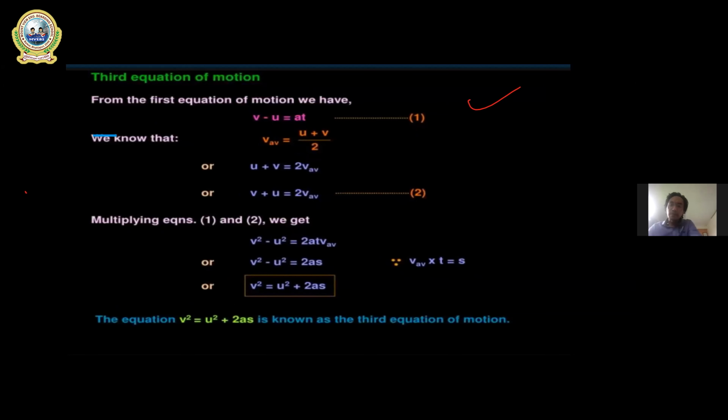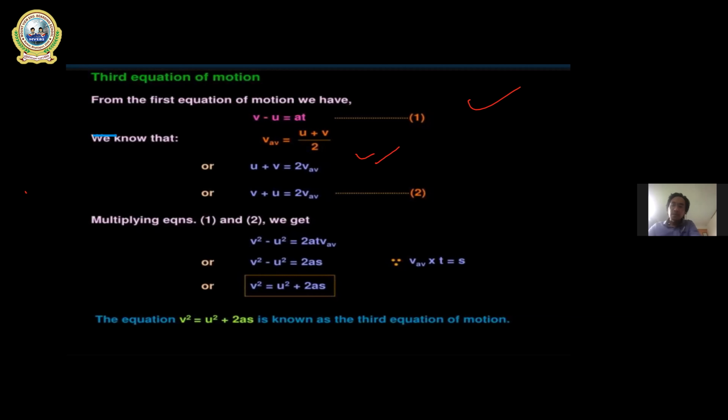Next, we already came to know in the second equation of motion, the average velocity VAB, which is (u + v)/2, initial velocity plus final velocity upon 2. So rearranging, you will have 2 average velocity equal u plus v, right?